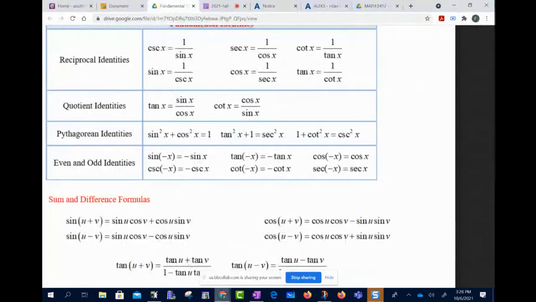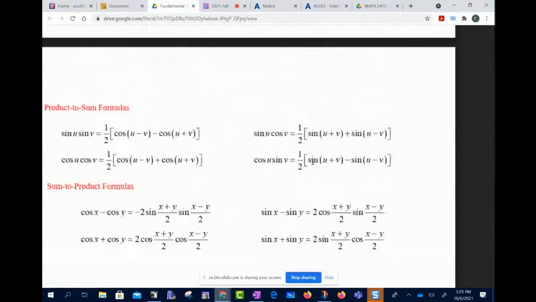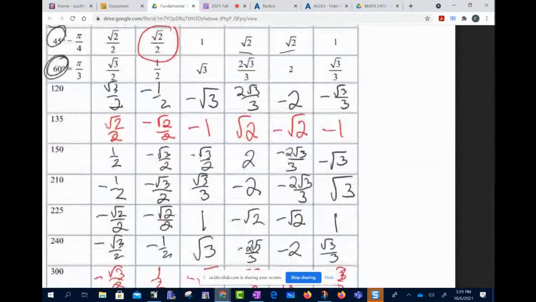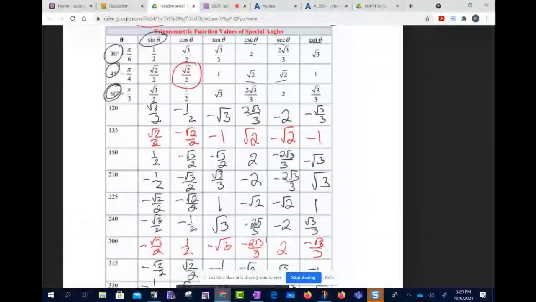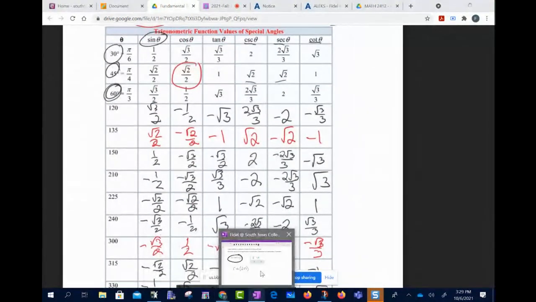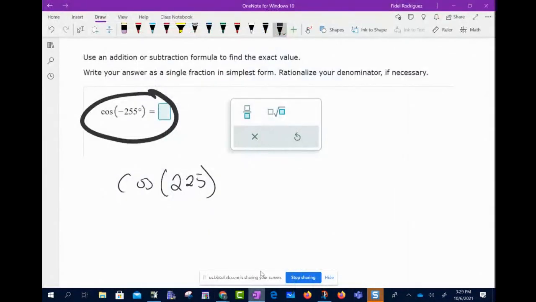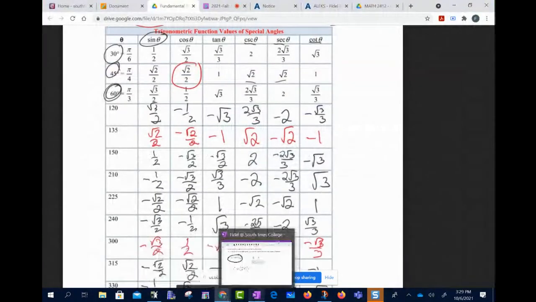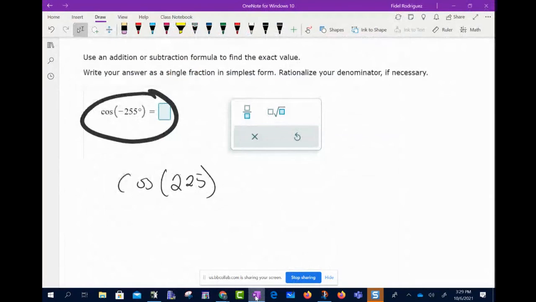Now look, think of the number we're trying to get to. We're trying to get to 225 degrees? Is that what it is? Or 255, I'm sorry. It's 255. I just wrote the wrong number in here, 255.